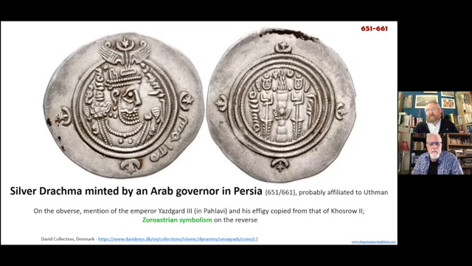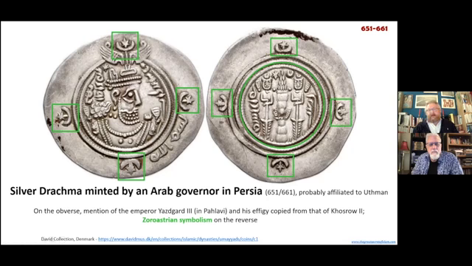Whether Uthman is a real or historical figure is another issue. We see the exact same Zoroastrian symbolism, and it's much clearer here. We can see the fire altar with the fire burning, the two priests or attendants to the fire, and also the crescents and the stars, and the figure of the emperor.